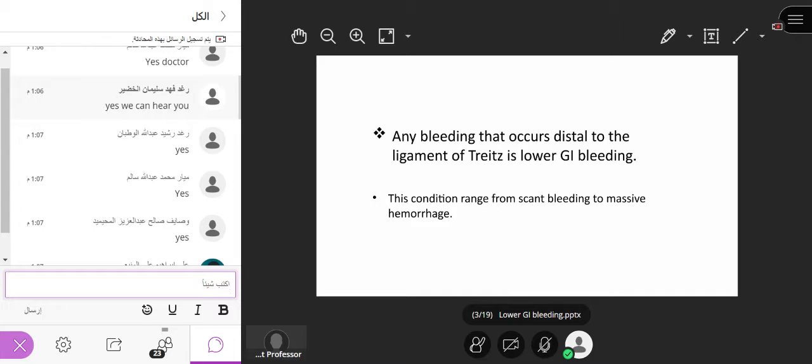So it depends on how much distance has been traversed by the blood, and the chemical changes that occur, and you find melena or otherwise fresh blood.